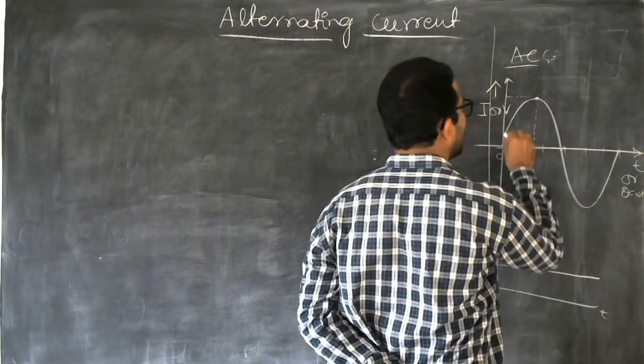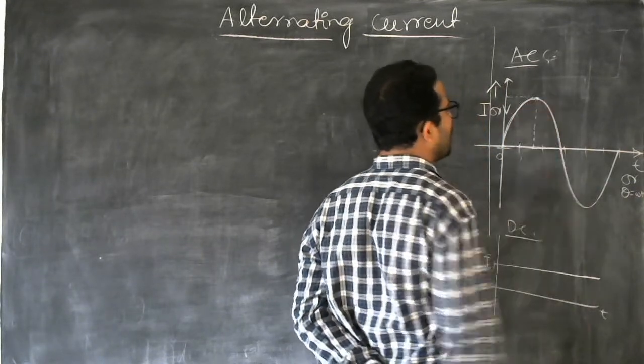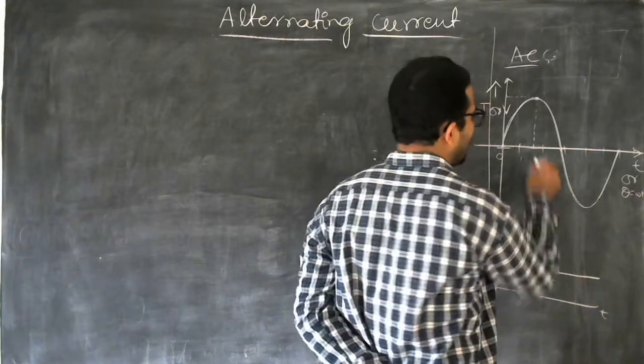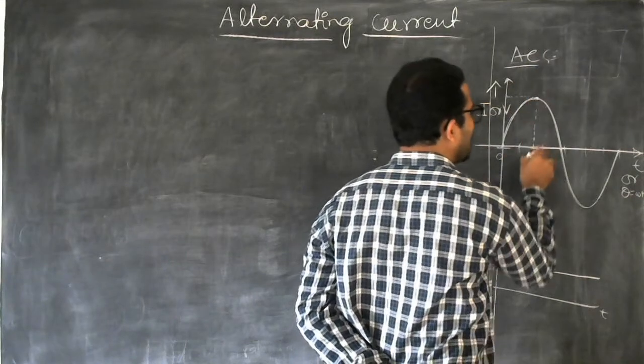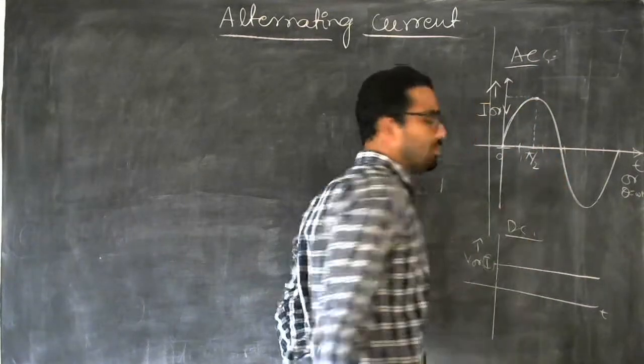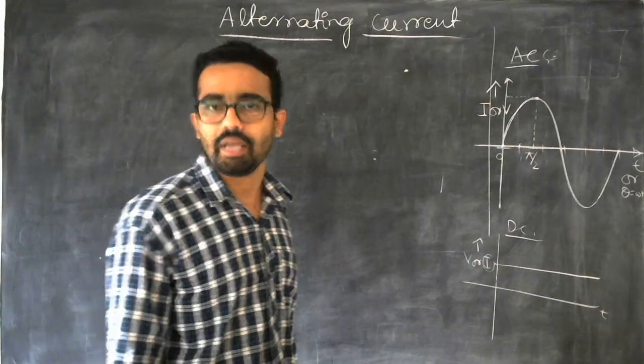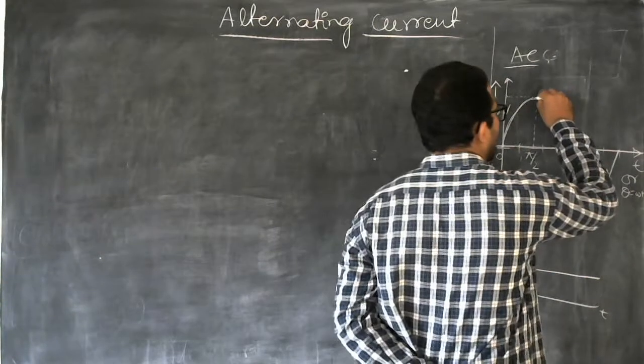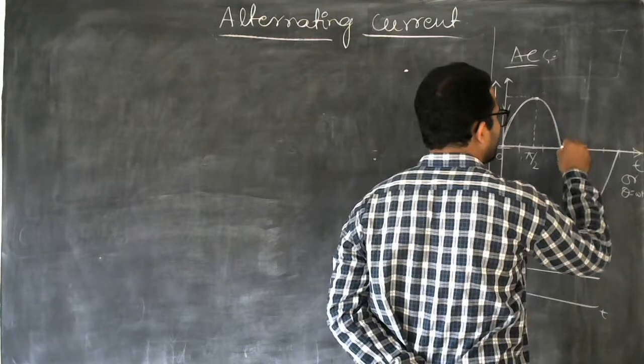Once the graph reaches this maximum peak point, the angle covered by this curve will be pi by 2. Pi by 2 means 90 degrees. Then the graph moves from 90 degrees to the next angle, and once it comes here, the angle covered is pi.